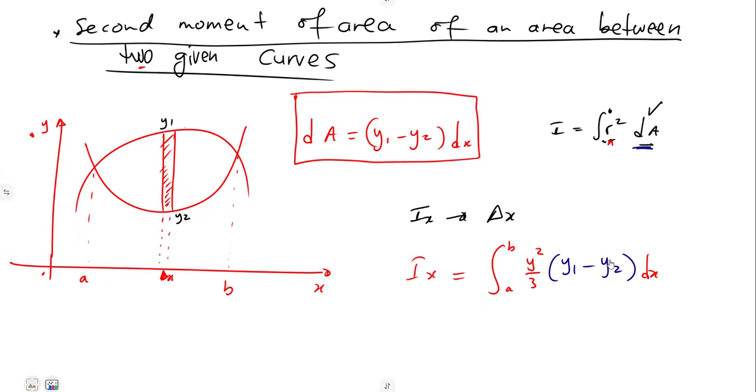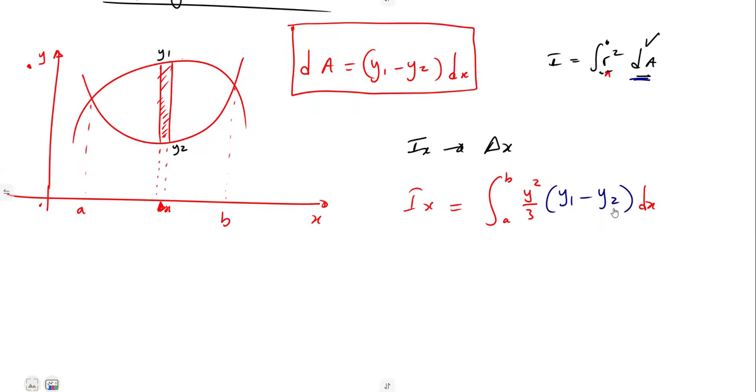Since we are dealing with y1 and y2, that y is denoting those y values. If you are multiplying to y1, you take it as y1. If you are multiplying to y2, you take it as y2. It's just the y of the given graph. So we can take the 1 over 3 out of our integral, and we remain with y times y squared, that's y1 to the exponent of 3, y2 to the exponent of 3.